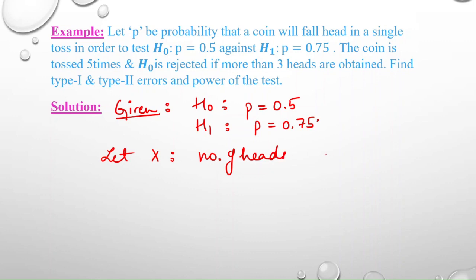Clearly X as we know is the binomial distribution, so it's binomial with n equal to 5 and p, because n is 5. It is given to us, the coin is tossed 5 times. Now the probability, as we know, could be found using the probability mass function.